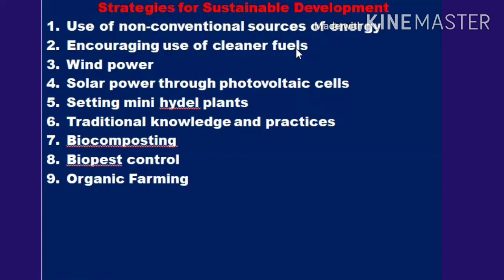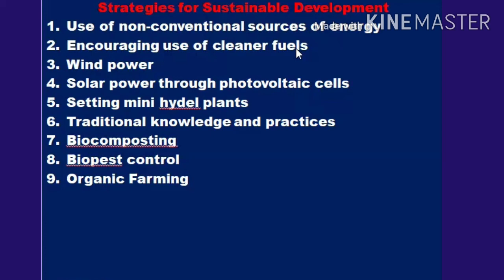So next is setting up of mini hydel plants. In mountainous regions, streams can be found almost everywhere. A large percentage of such streams are perennial, and mini hydel plants use the energy of such streams to move small turbines, and the turbines generate electricity which can be used locally.